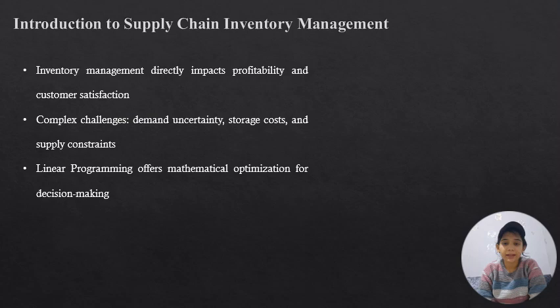Well, in this slide, I want to just provide you a little bit of introduction about the supply chain inventory management system. Inventory management of supply chain is an essential part of the retailing business which has a direct influence on profitability, customer satisfaction, and competitive edge. The contemporary retailer faces complex issues such as the dynamic nature of demand, storage capacity, supplier lead time, and cost pressure.